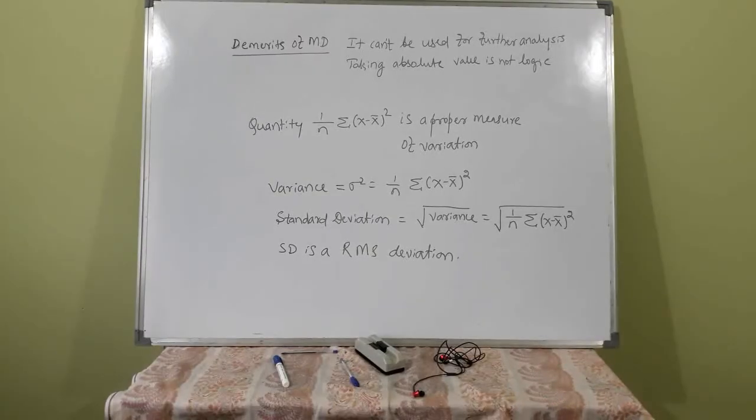So take this, demerits of mean deviation. It cannot be used for further analysis. Mean deviation cannot be used for further analysis. Taking absolute value is not mathematically logical. The quantity 1 by n into summation of x minus x bar whole square is a proper measure of variation.